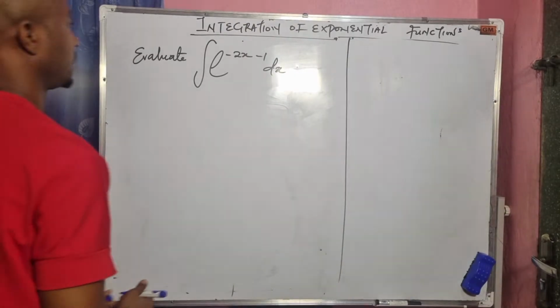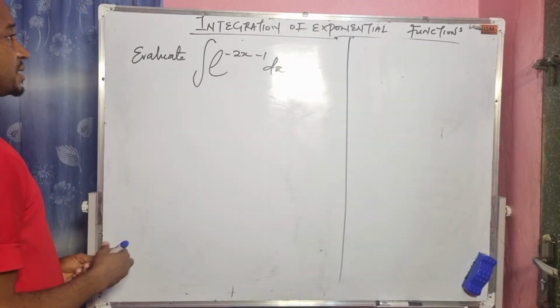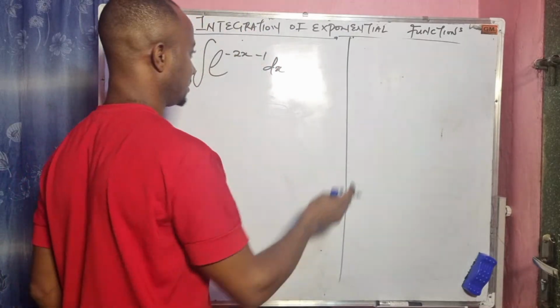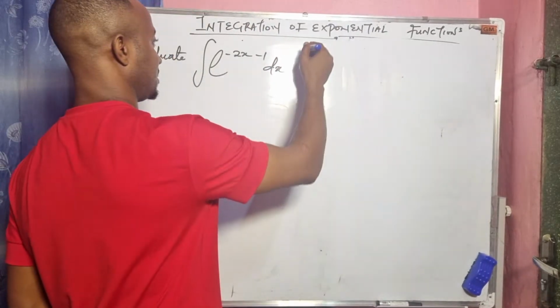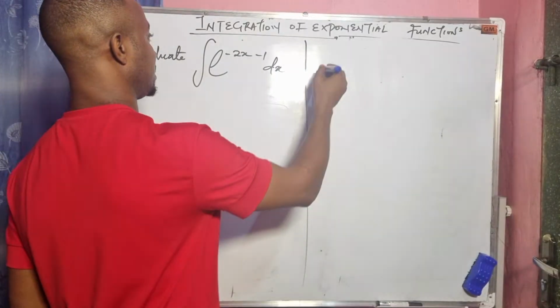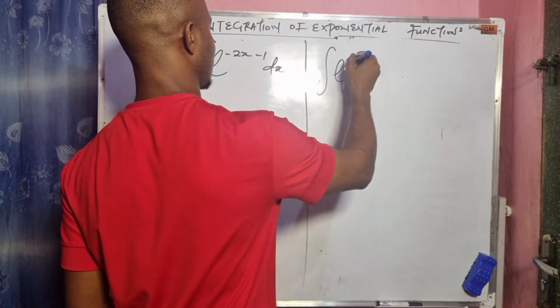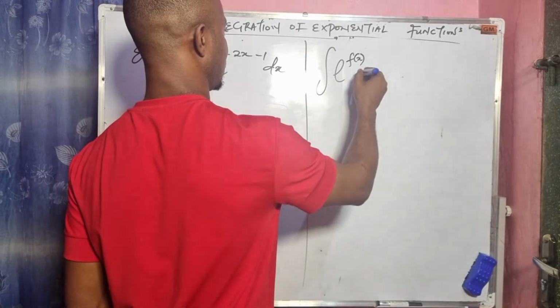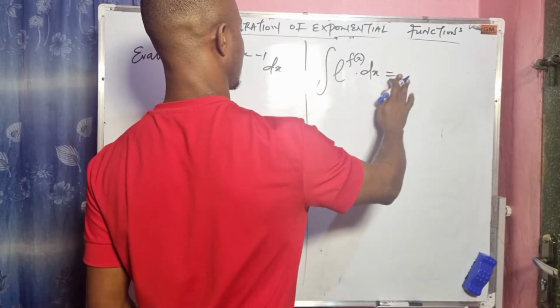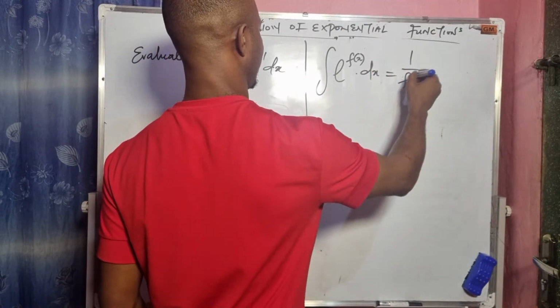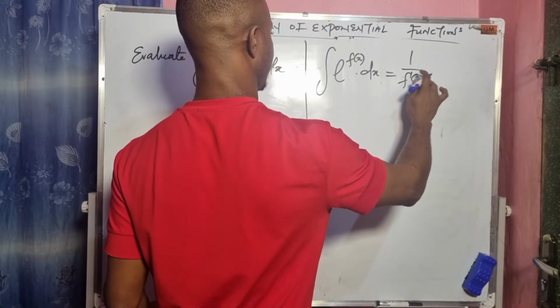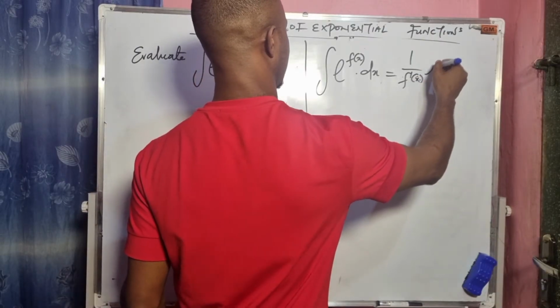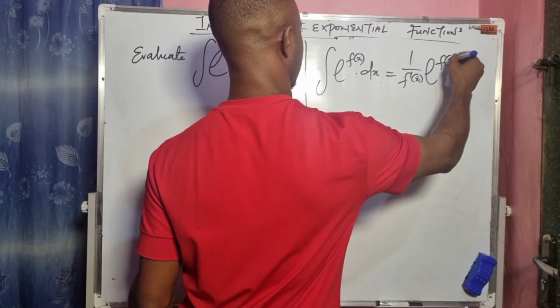We can apply the same rule here, the second rule of integrating exponential functions, which says the integral of exponential f of x dx equals 1 over f prime of x times exponential f of x.